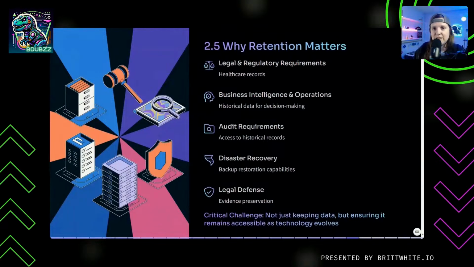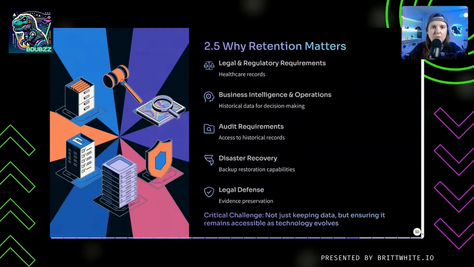Many organizations find themselves with valuable data that's archived on obsolete storage like old tape drives, or locked in formats that only ancient software can read. This creates a real challenge. You need to maintain not just the hardware and software, but also keep someone around who understands how to operate these legacy systems.